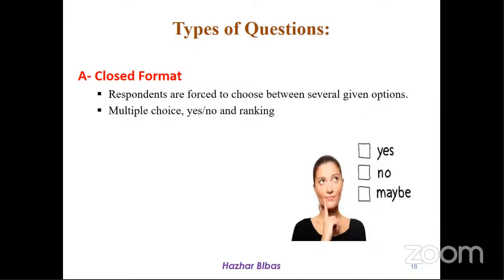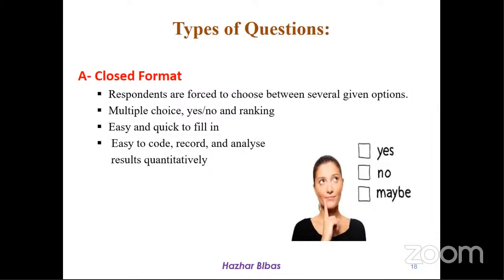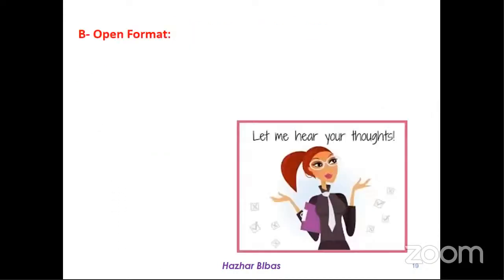You can use that. It's really easy for the responder to click on it: I'm going to choose this one, second one, third one, and so on. For you as a researcher, it's easy to code it, recode it, analyze it, and easy to report.